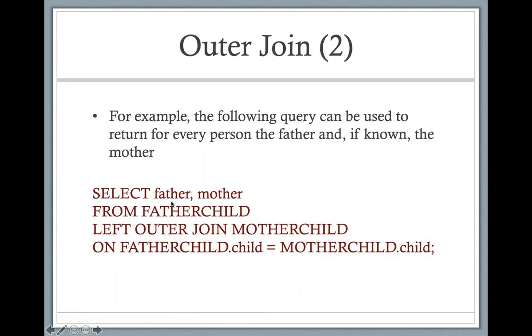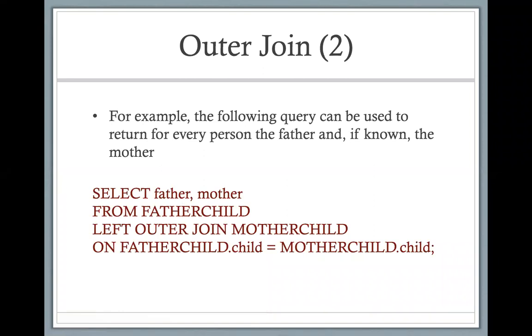Now I'm saying select father and mother from father child left outer join mother child on father child dot child equal to mother child dot child. What does this give me? That's a question. Any thoughts? It will give me all the fathers.